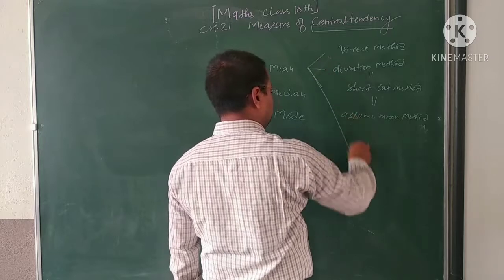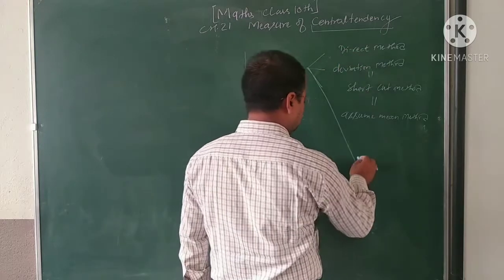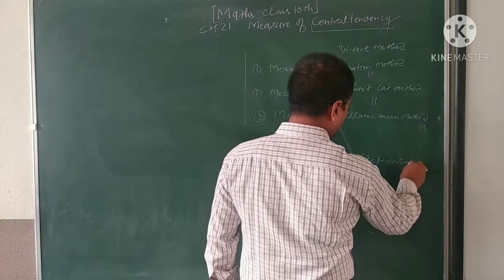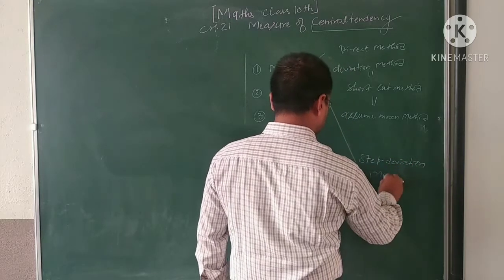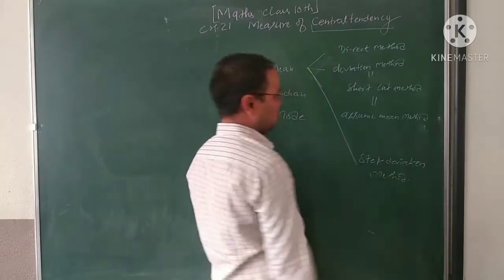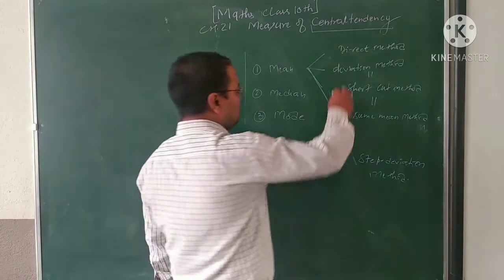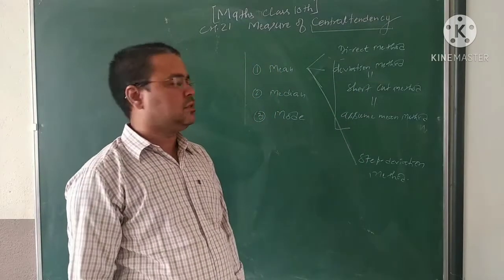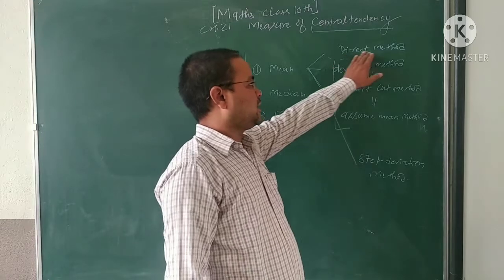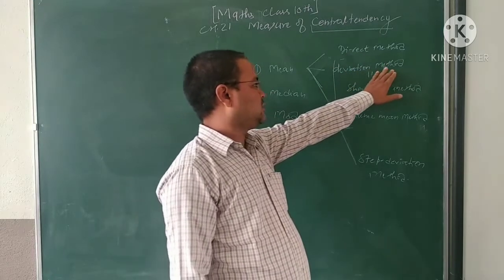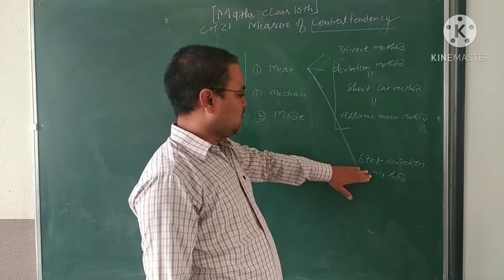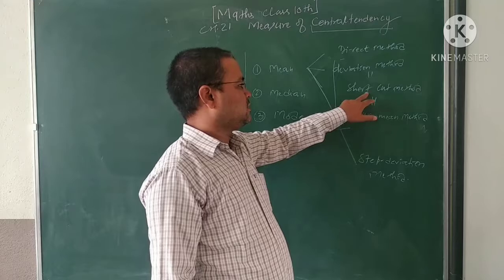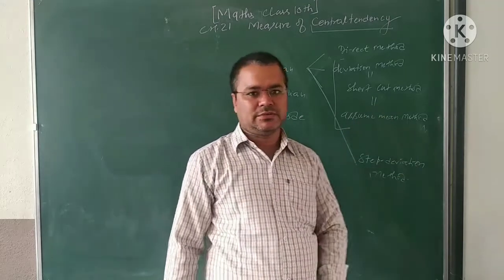And the last one we will discuss is step deviation method. In this way we have to discuss the three methods for finding the mean: the direct method, the deviation method, and the step deviation method. Here the deviation method is also known as shortcut method or assumed mean method.